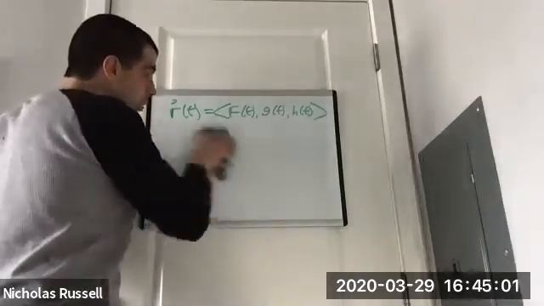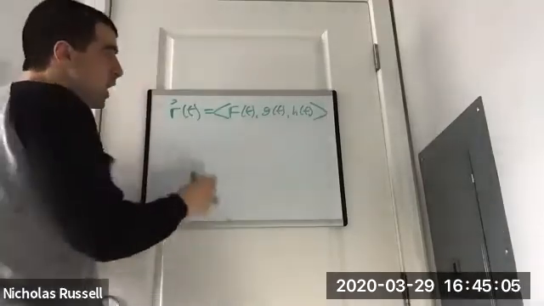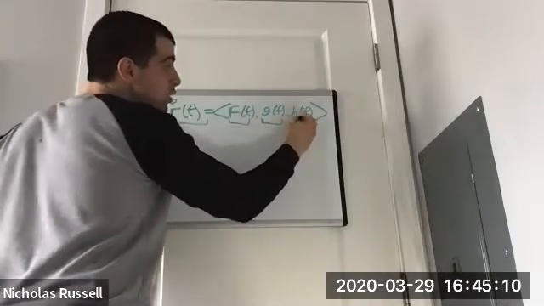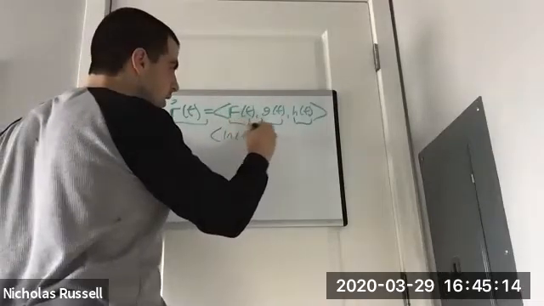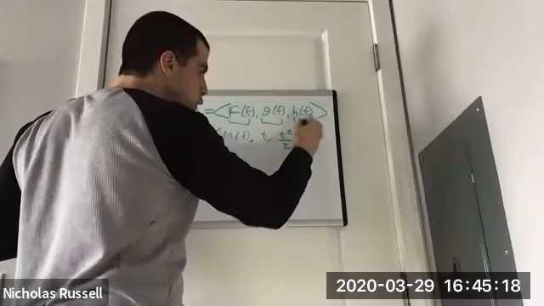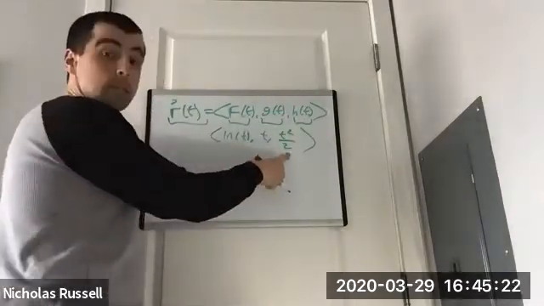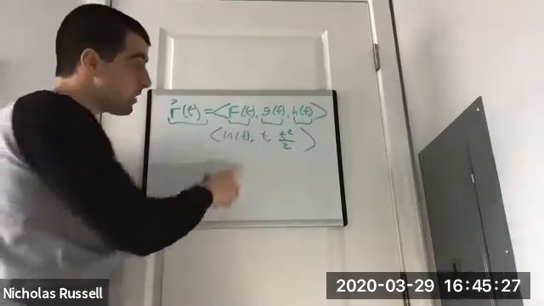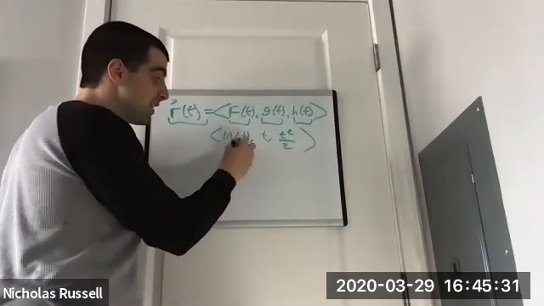And as a reminder of how we calculate the domain of a function like this, if I want to calculate the domain of r of t, I calculate the domain of each of the individual functions. So for instance, if this was the natural log of t, t, and t squared over 2, we see here that the y and the z components are always continuous for all t, but the natural log of t is only defined when t is strictly greater than 0.